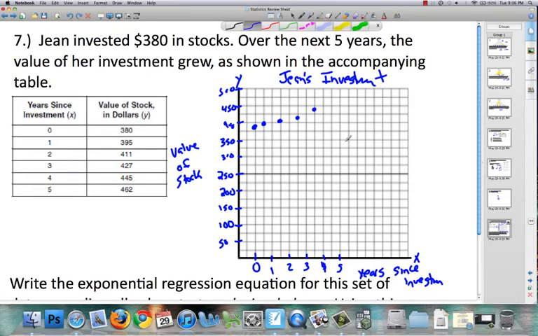And 5 is 462. Okay. So this would be our scatter plot. Make sure you do not connect the lines. Whenever you make a scatter plot, you don't connect the lines.